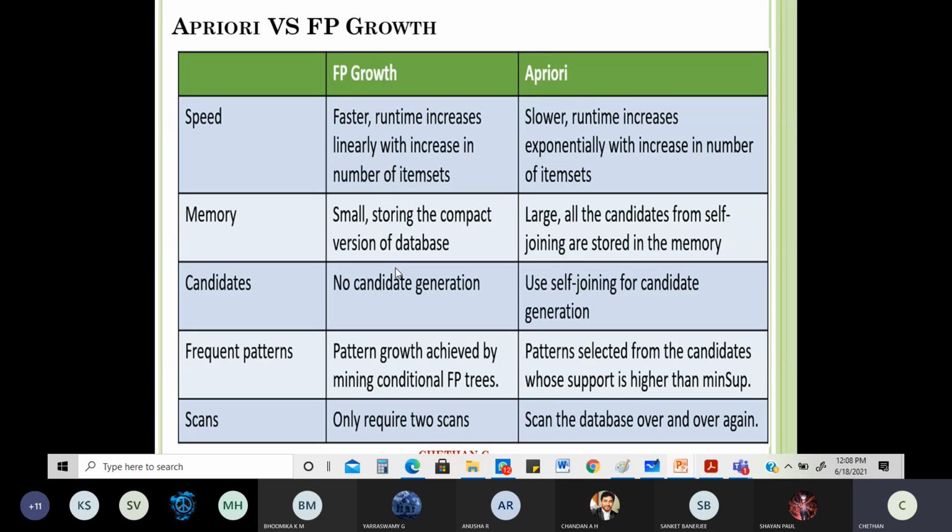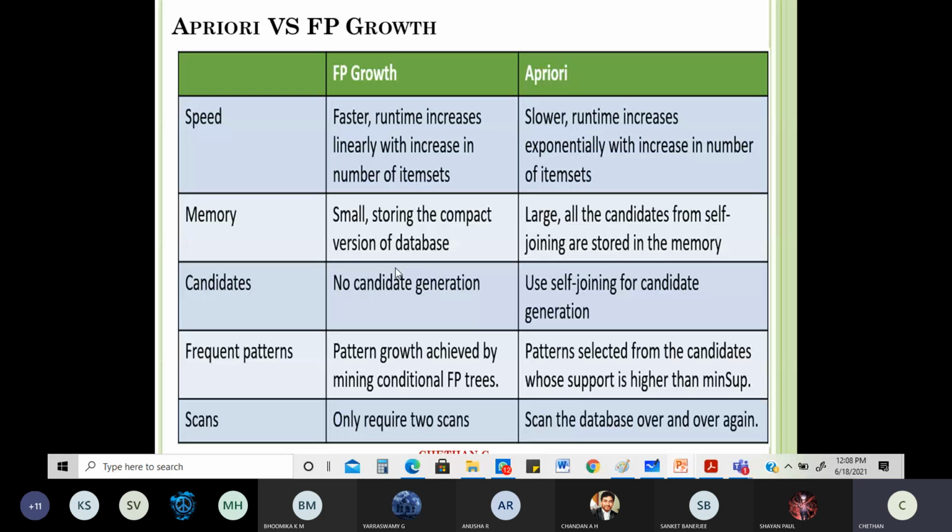But when it comes to Apriori, patterns are selected from the candidates whose minimum support is either equal to or greater than the threshold. We get the patterns from that. Those two things you want to know.